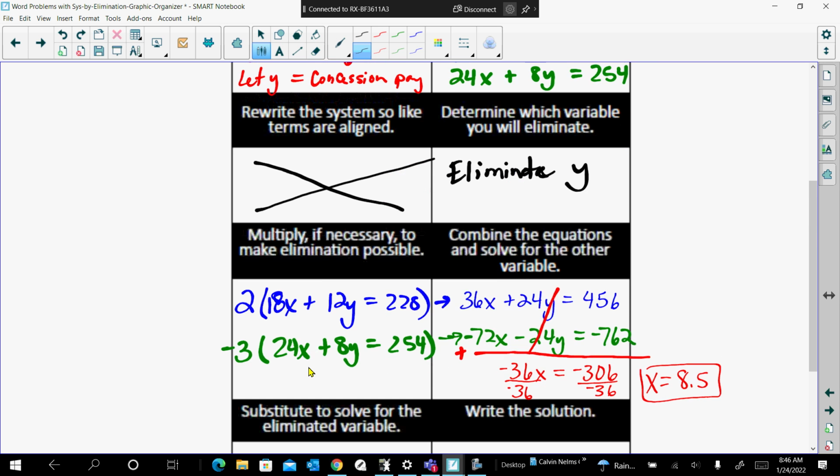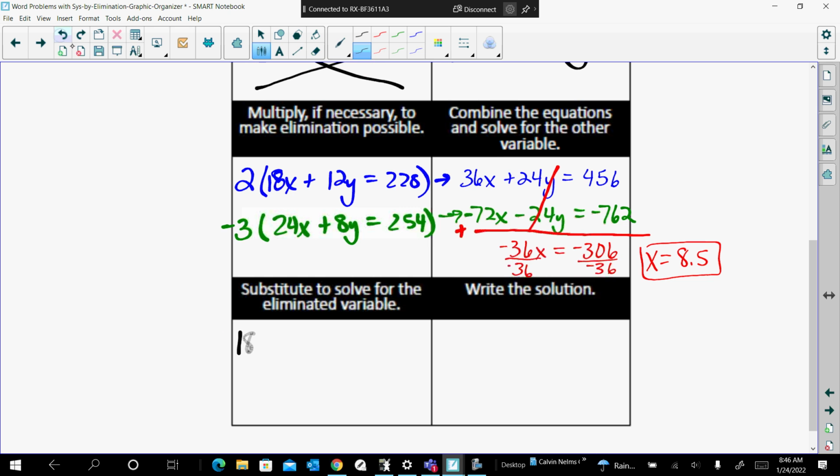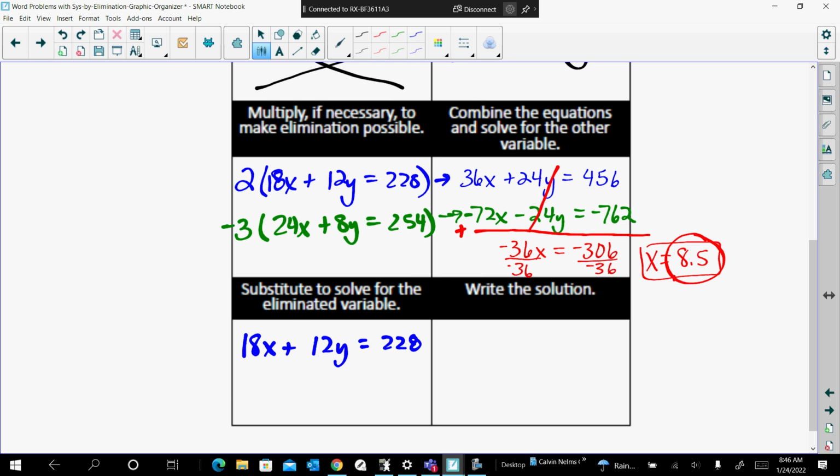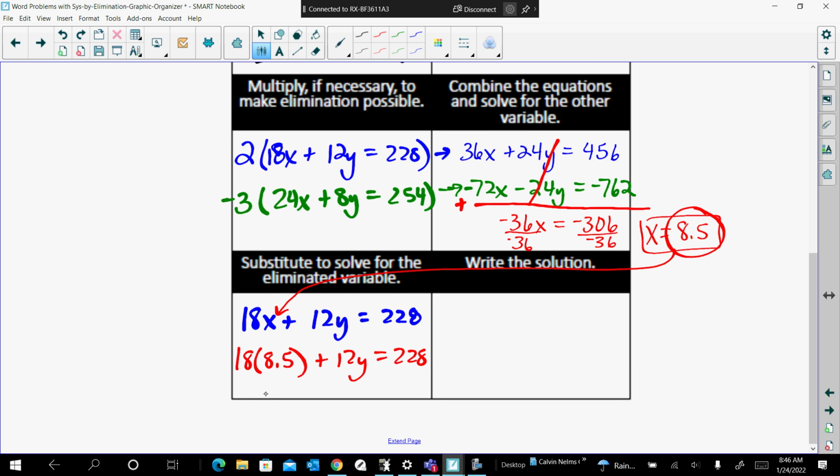All right, so we can substitute this in our original equation, which was 18x plus 12y equals 228. Taking this, plugging it in for x, so 18 parentheses 8.5 plus 12y equals 228. This gives me 153.